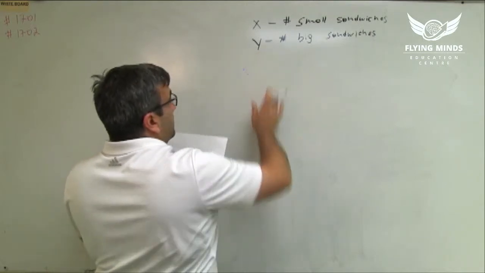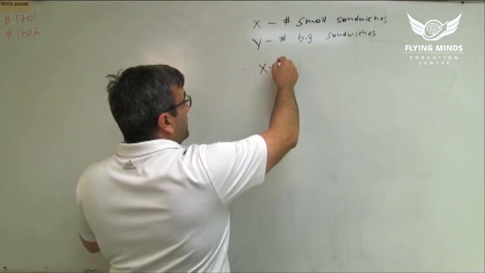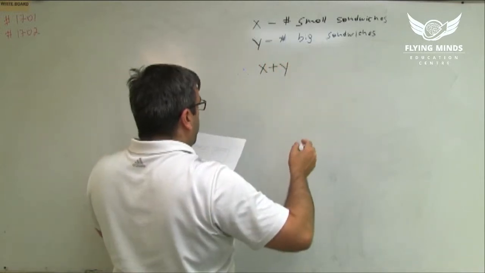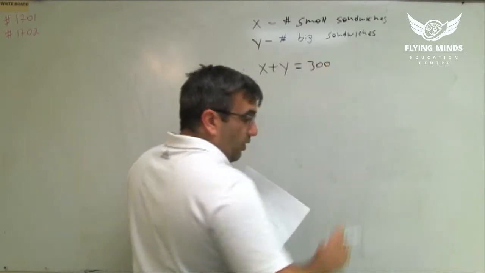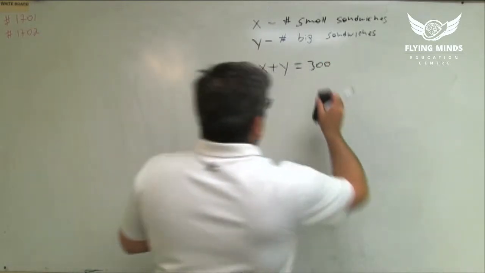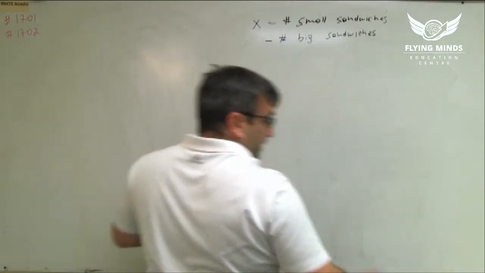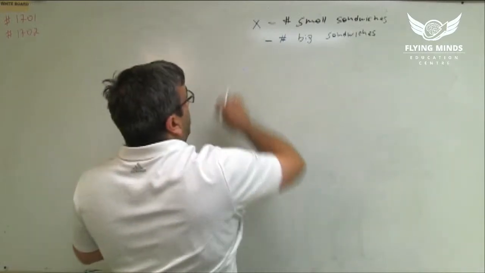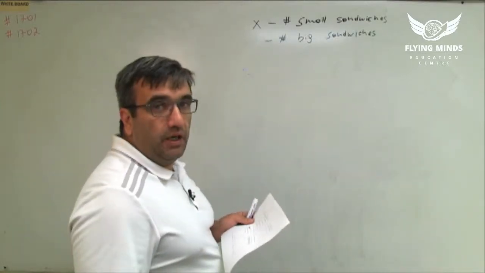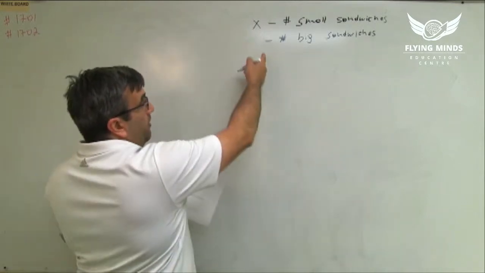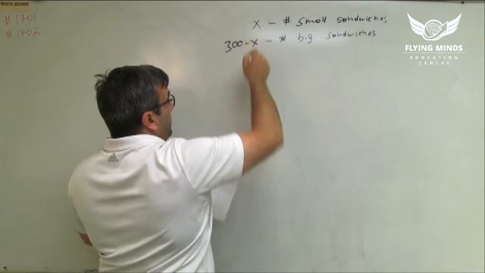So how many did we sell in total? X plus Y, 300. Or we shouldn't do it this way because you guys didn't learn this. So if we sold x small sandwiches, and the total number of sandwiches we sold is 300, then the number of big sandwiches will be the difference, right? 300 minus x.